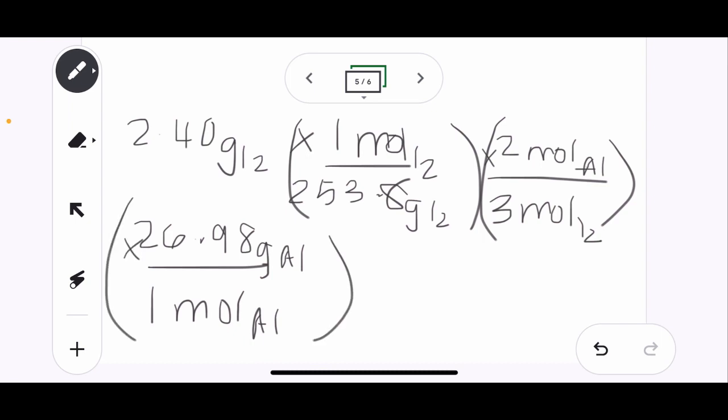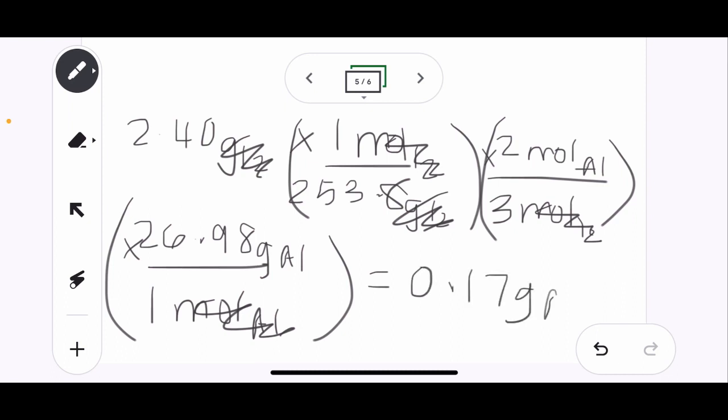So 2.40 grams times 1 mole divided by grams again, so the grams get cancelled out, and then the moles of iodine get cancelled out, and then 2 moles of aluminum divided by 3 moles of iodine. Again, the moles get cancelled out, and we will end up with grams of aluminum. And the answer is 0.17 grams of aluminum.